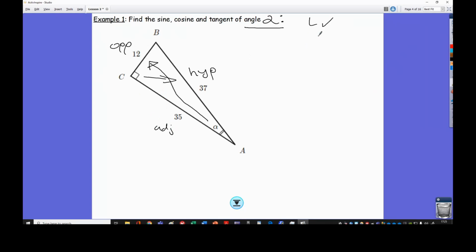So we've labeled it. Let's look at the equations now. So the equations are SOHCAHTOA. Always write that down. So that means that sine of the angle, in this case the angle is alpha, is equal to the opposite to that angle, which is 12, over the hypotenuse, which is 37.